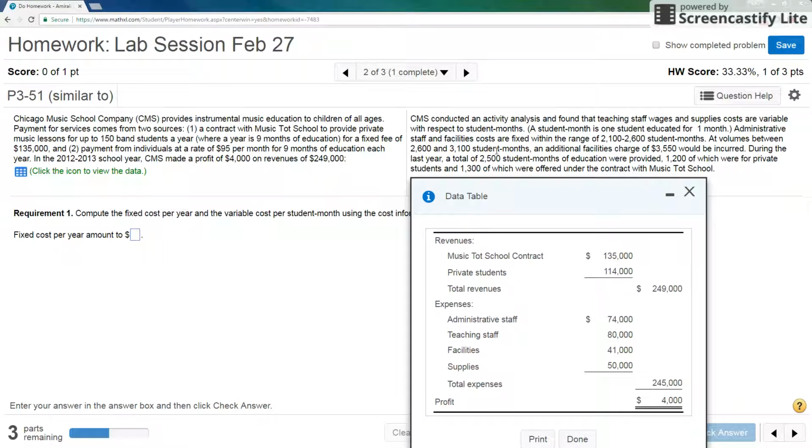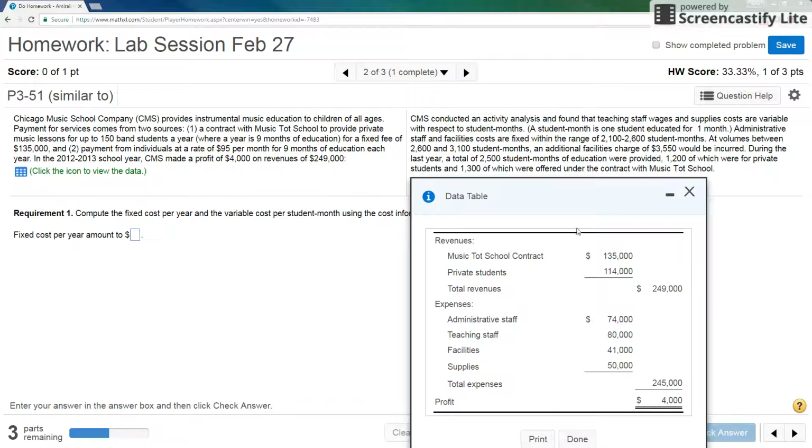If you read the question carefully, over here it says administrative staff and facility costs are fixed within the range of 2,100 to 2,600 students a month. There's additional cost, but for this year we have 2,500, which is within the range.